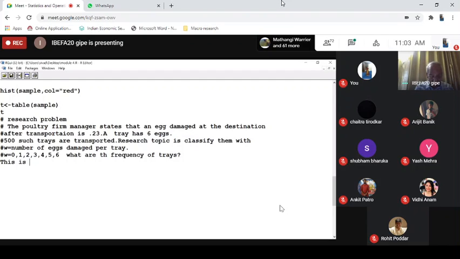This is a binomial model because each egg has success equal to not damaged with 0.77 probability, and damaged with 0.23 probability.